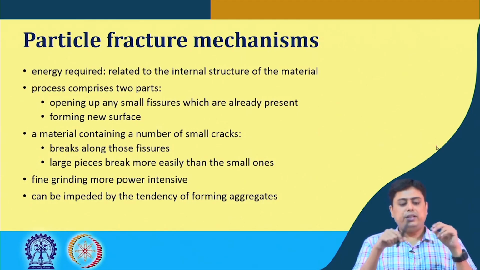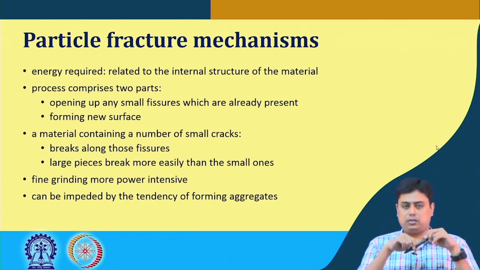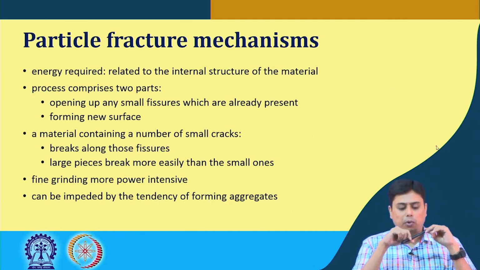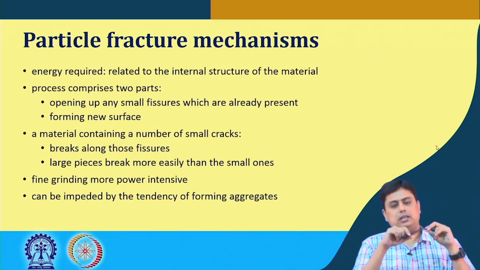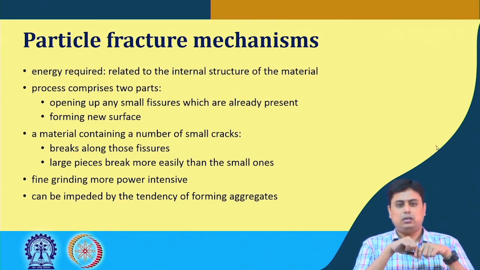So, the energy required actually is related to the internal structure of the material, and the whole process of size reduction is broadly categorized in two parts. One is the opening up of any small fissure or crack that is already present, and forming a new surface as that crack propagates or creates branches.